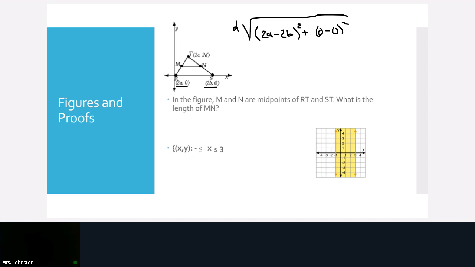Well, 2a minus 2b would be 2 times (a minus b), and that's all squared. But the other part is 0, right? Well, the square root of something that's squared undoes the square, and it will be 2 times (a minus b). So the distance between those 2 points is 2 times (a minus b). If we want half of that, we'll just remove the 2, and the distance of MN equals a minus b.